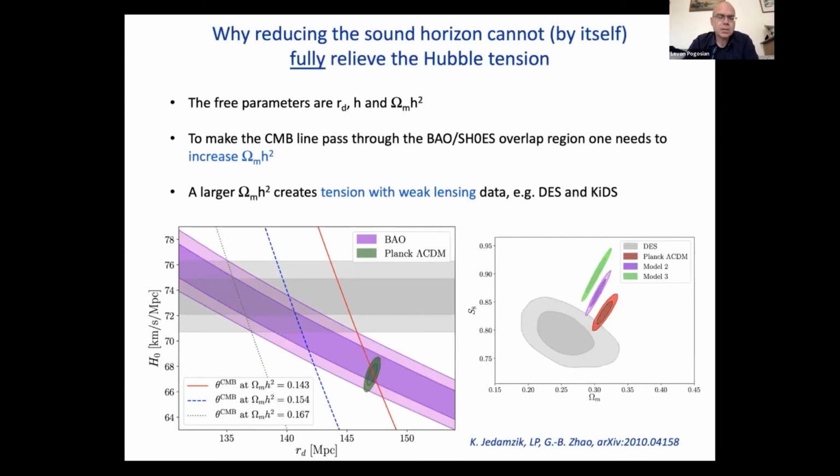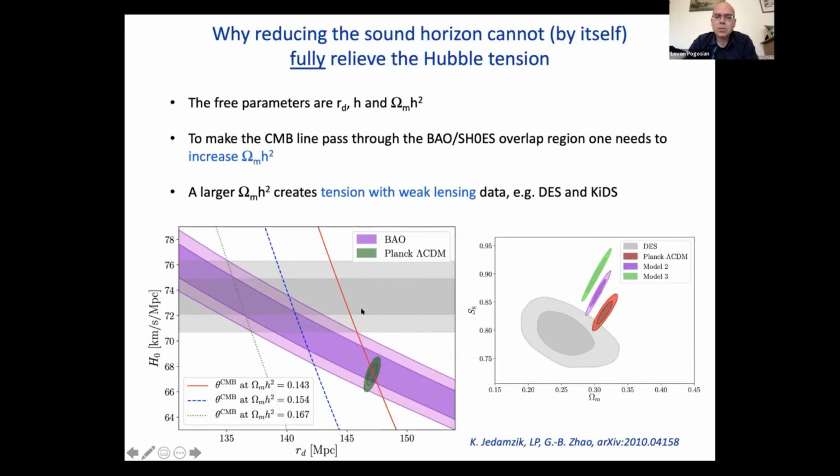And that's because this degeneracy between the sound horizon and the Hubble constant is along a different direction for CMB and BAO. So here we treat r_d as an independent free parameter, and each line here is at a fixed omega_m h squared. So if you follow the CMB line, you achieve an agreement with SH0ES here, right? But BAO achieves an agreement with SH0ES here. So they're agreeing at a different place.